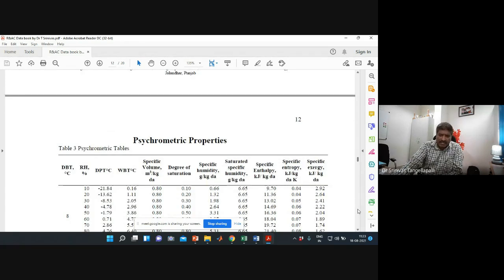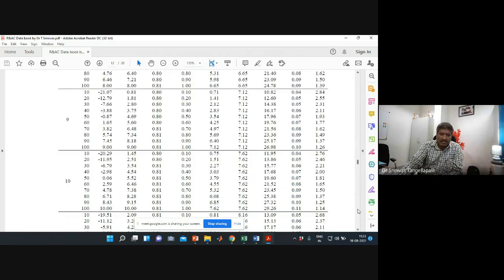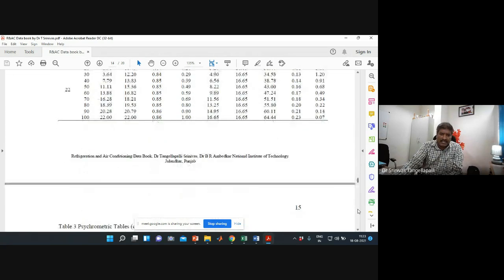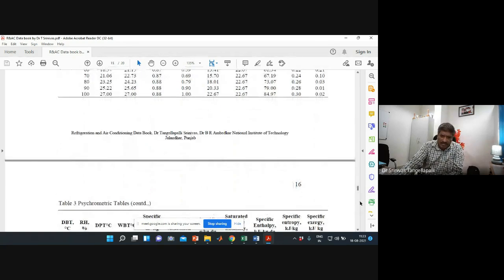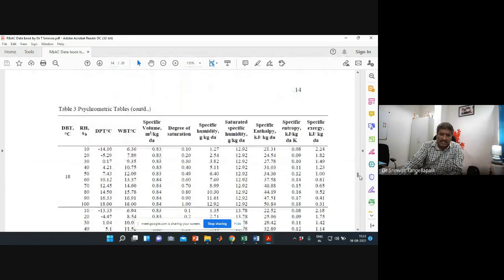Similarly, air conditioning or desalination, air conditioning related desalination system, you can pick the properties from these tables, same like steam tables. But this has more flexibility in properties like dry bulb temperature, relative humidity, dew point temperature, wet bulb temperature, specific volume, degree of saturation, specific humidity, saturated specific humidity, specific enthalpy, specific entropy, specific exergy.